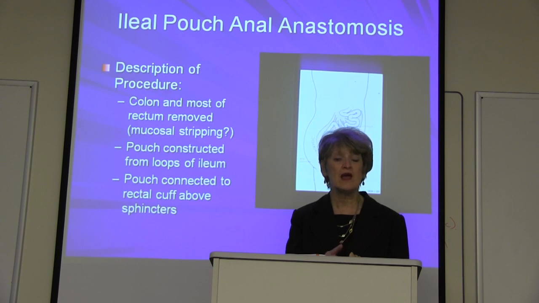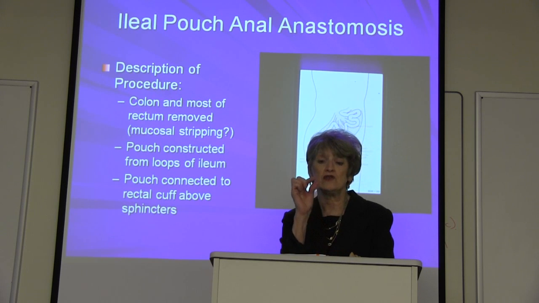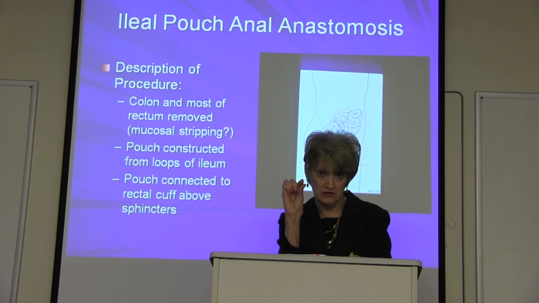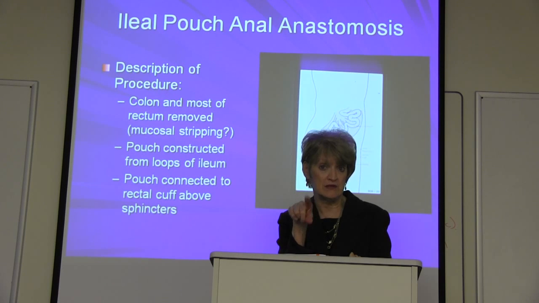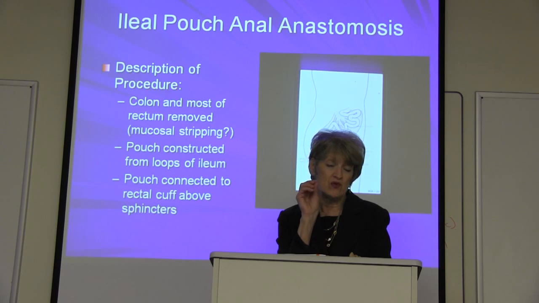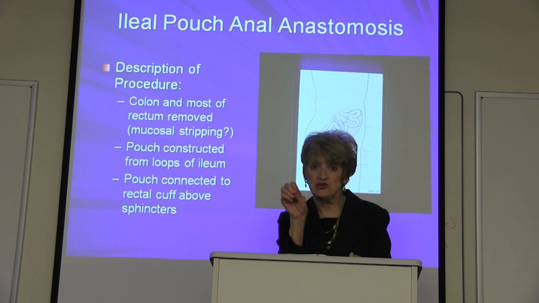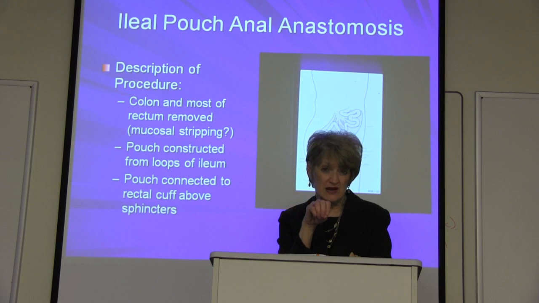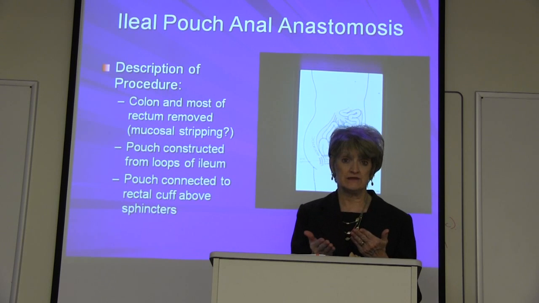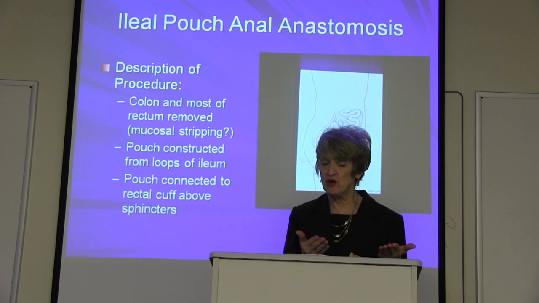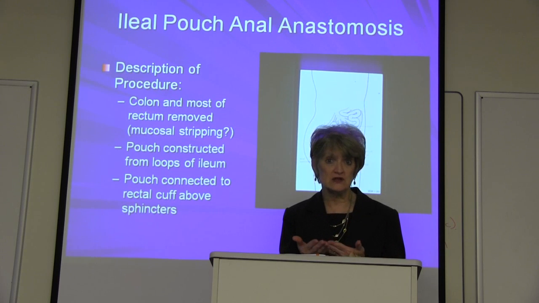The other school of thought is you have a very minimal section of rectum that remains. And it's very easy to pass an endoscope and to inspect that little 1 centimeter cuff and to make sure there are no problems. If we leave the mucosa, we can monitor and we eliminate the risk of causing sphincter dysfunction. Pros and cons. Some surgeons do mucosal stripping, other surgeons do not.